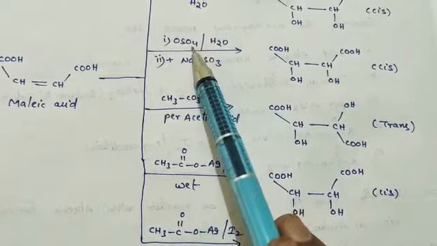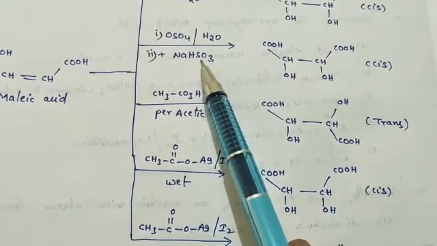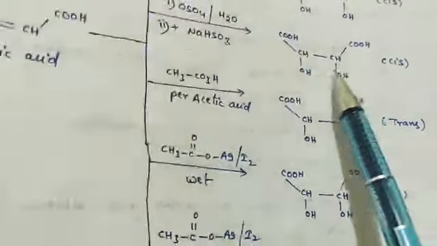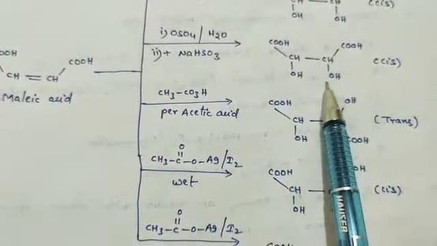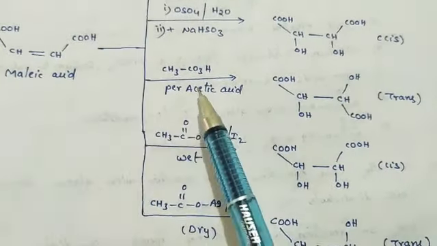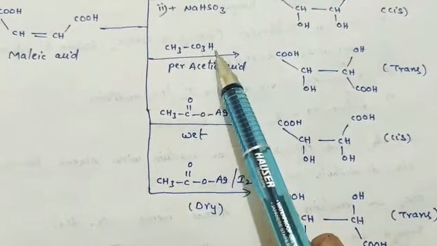Now for this compound we are adding osmium tetroxide, sodium bisulfite mixture followed by hydrolysis. Then the OH groups must be added on the same side, the bottom side. So it is also a cis compound. Now for this compound we are adding peracetic acid, CH3CO3H.